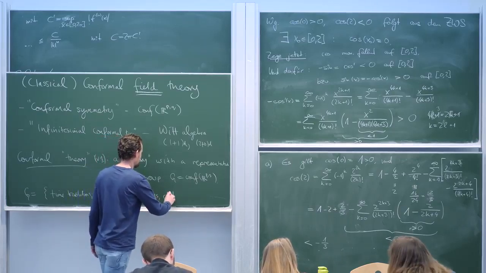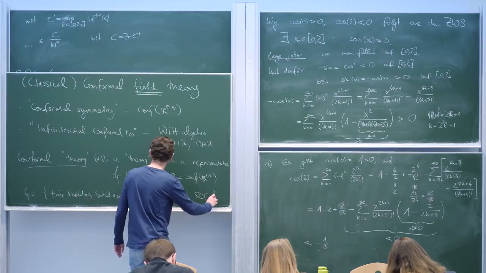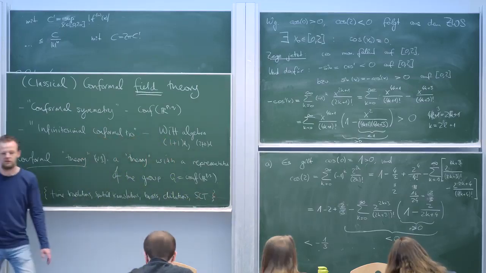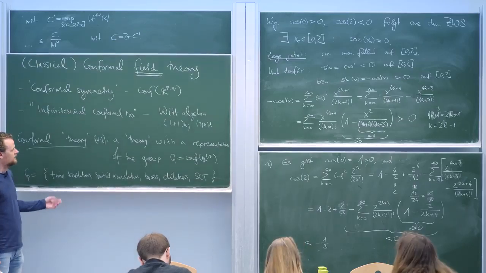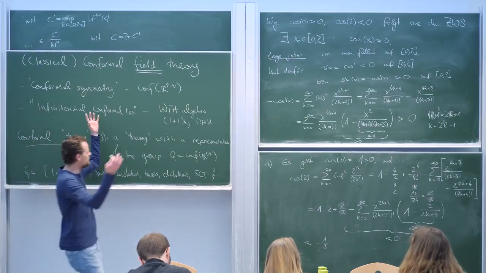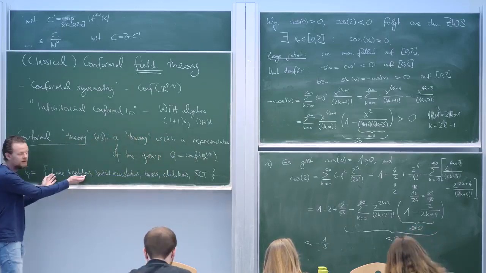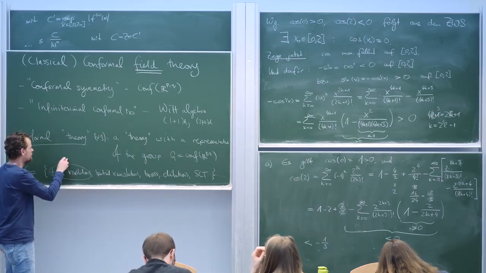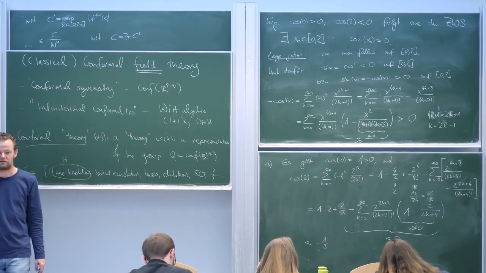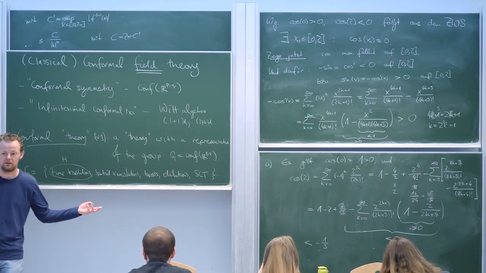It has dilations. And it has special conformal transformations. This we've seen so far, right? We've been through all of that. So that means if you have a theory with a representation of this group of symmetries, that representation already has a Hamiltonian built into it. Generally speaking, the generator of time translations has a name. We call it the Hamiltonian, both in classical and quantum theory.